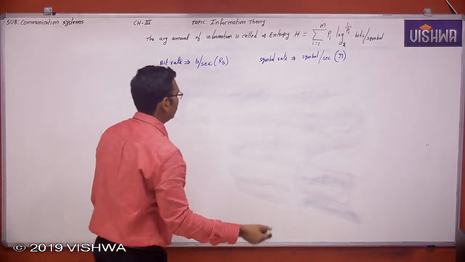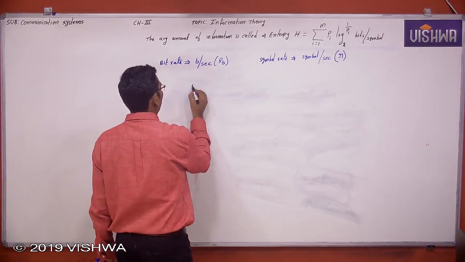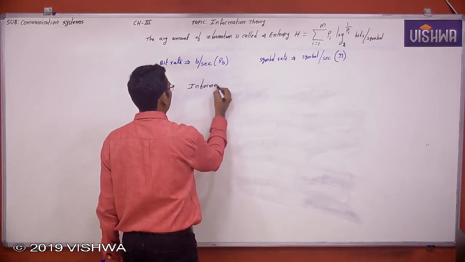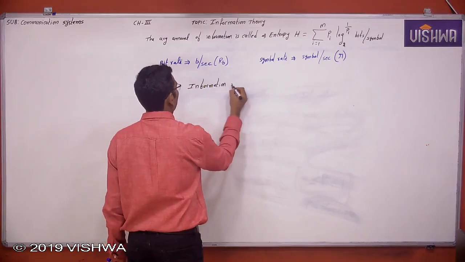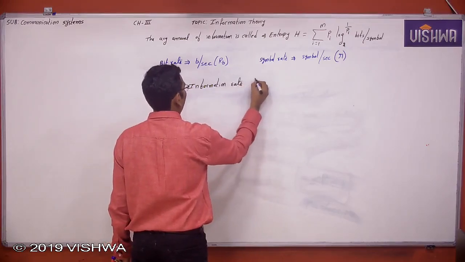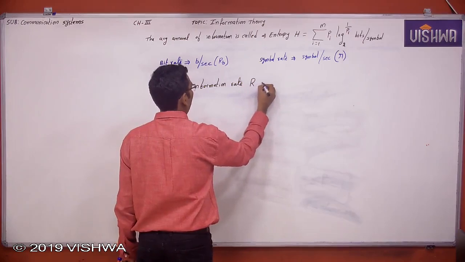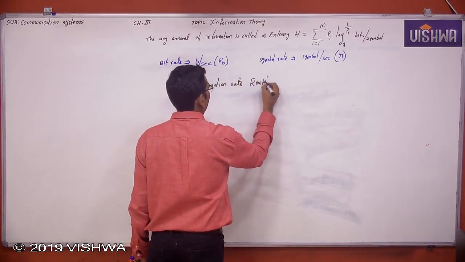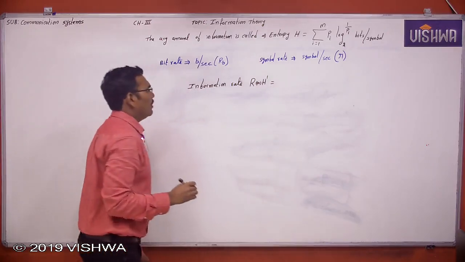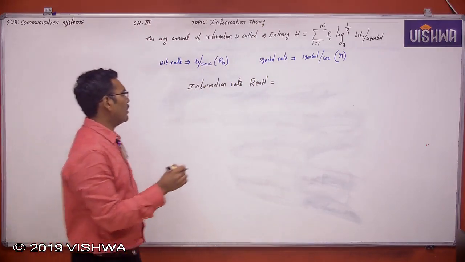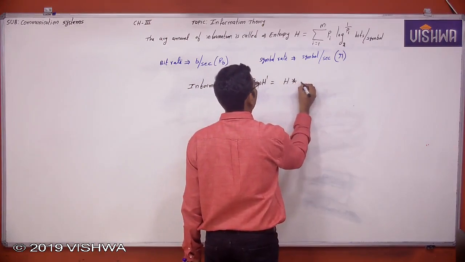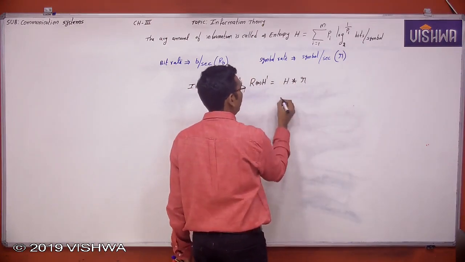Now, the information rate, capital R or H dash. While calculating the information rate, entropy should be multiplied with the symbol rate. What is entropy?